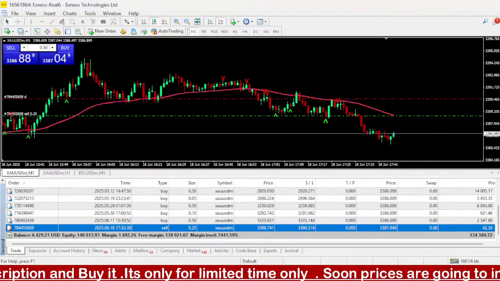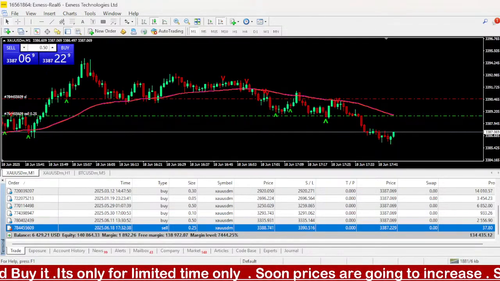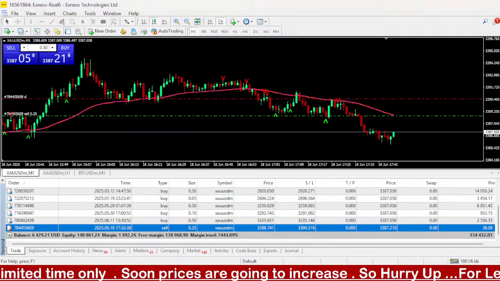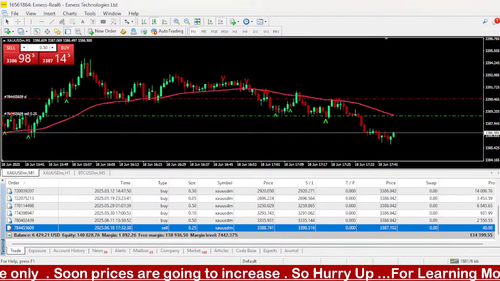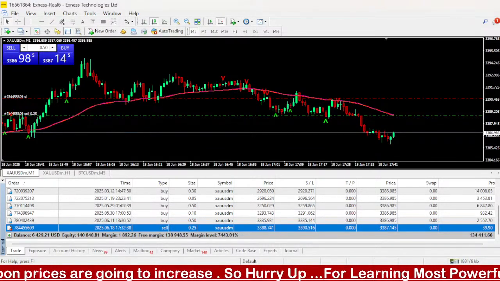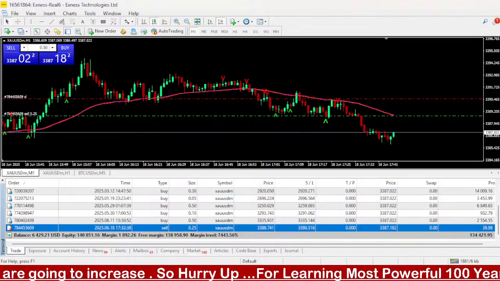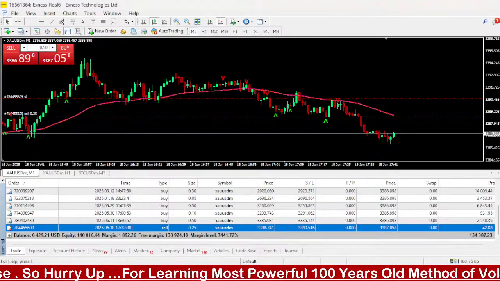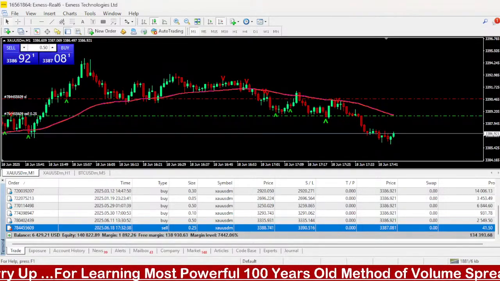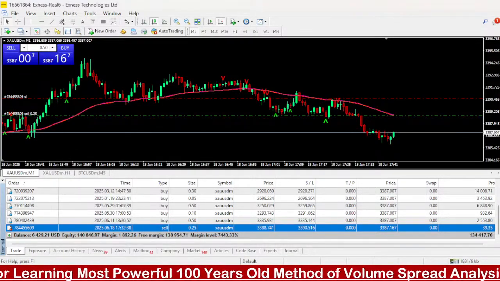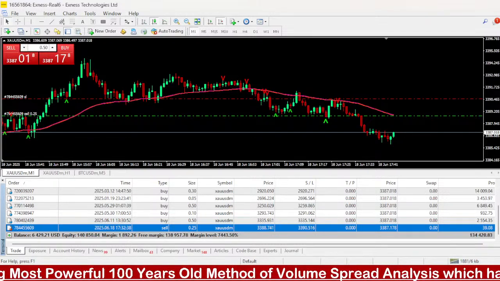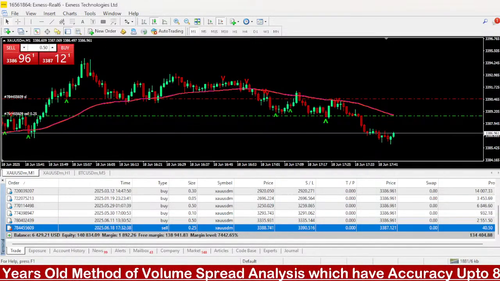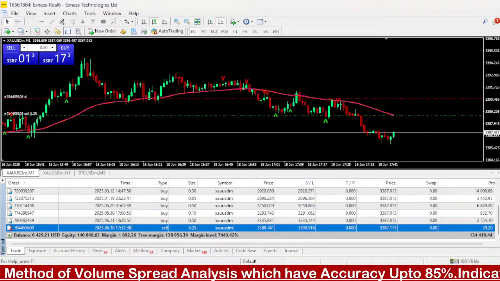Profit booking with any trade is very necessary, and if you are booking profits, then you are a successful trader. Keep in mind that if you have a 40% or 50% win rate with a 1:2 or 1:3 risk to reward ratio, then you are a successful trader.